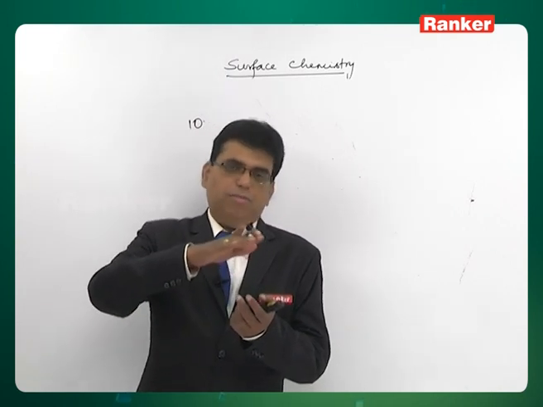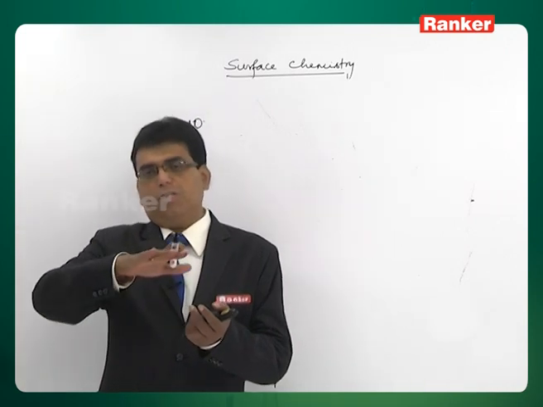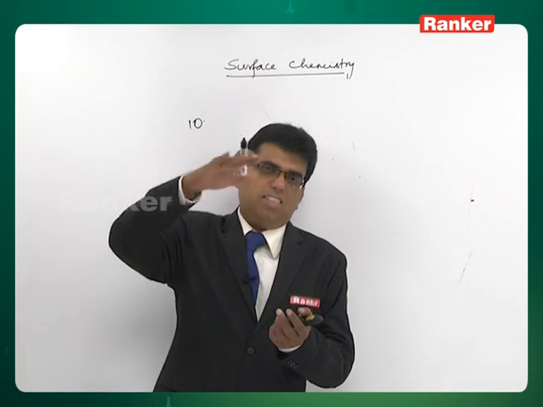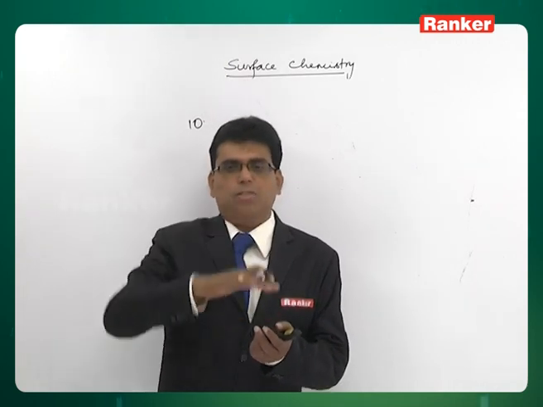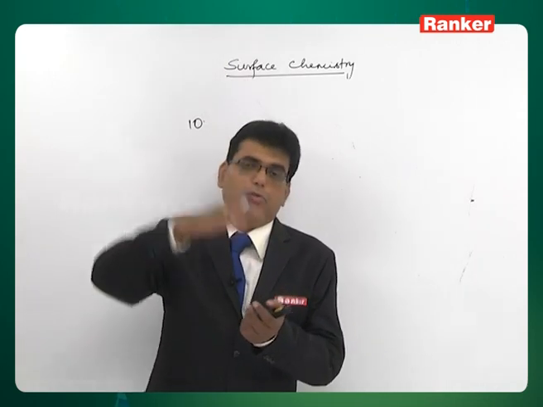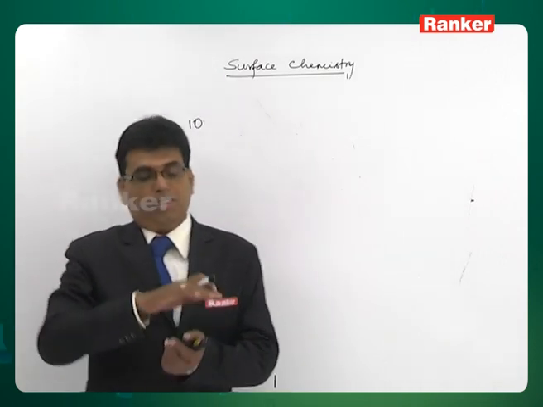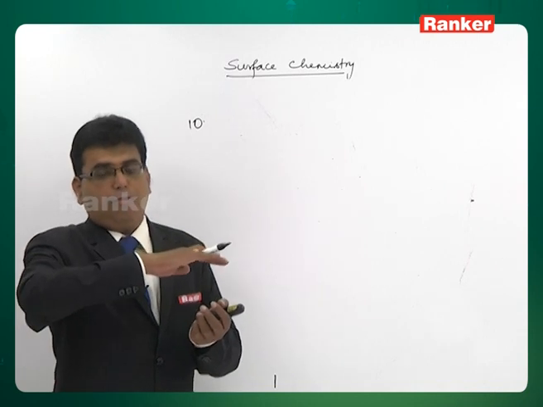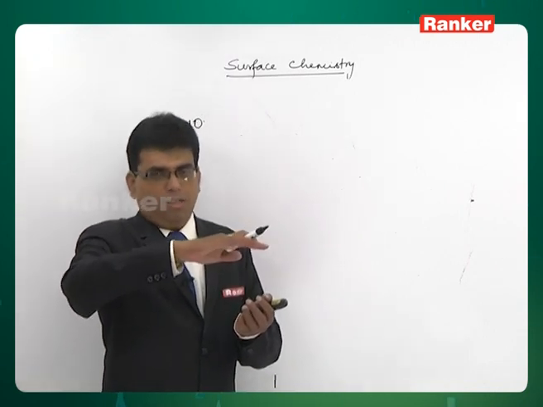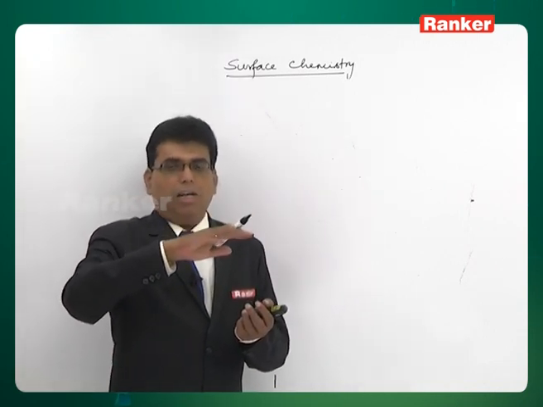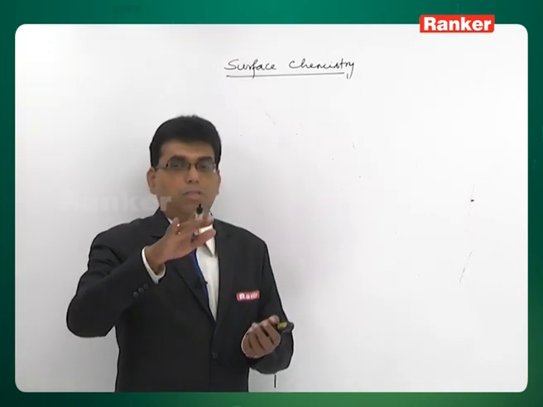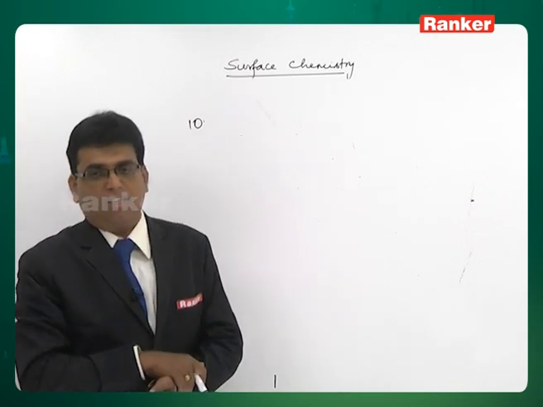When one layer of adsorption takes place, if the residual forces are still not balanced, then a stack of molecules gets adsorbed. That stack leads to multilayer formation, which keeps taking place till the forces are totally balanced. So multilayer adsorption will take place in physisorption, but it is not possible in chemisorption. So the first option is correct.